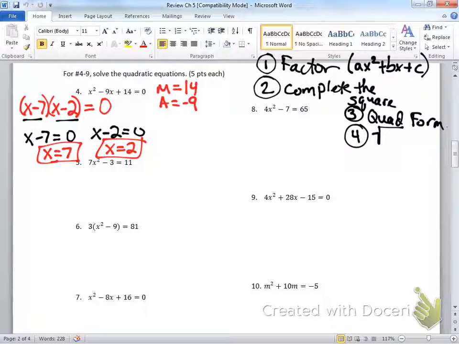When you subtract 11 from both sides, you get 7x squared minus 14 equals 0. So you'd factor out a 7.